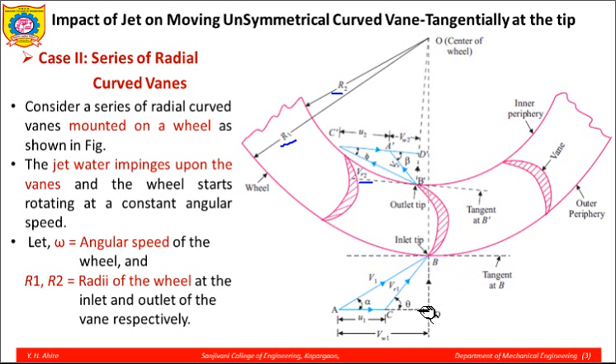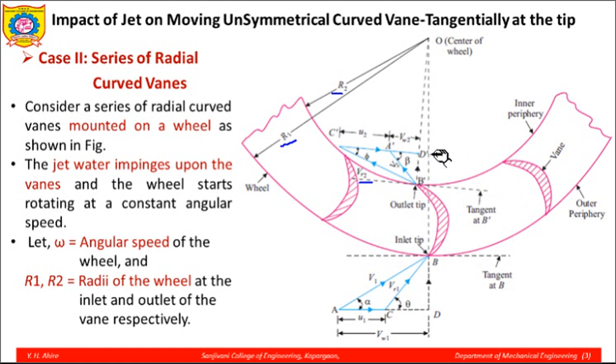As usual, these are the VW1 component: VW1 is the component of velocity V1 in the tangential direction at the inlet. Here there is the VF1 component of velocity. It is the component of absolute velocity V1 in the direction normal to the tangent to the wheel, and it is known as flow velocity at the inlet.